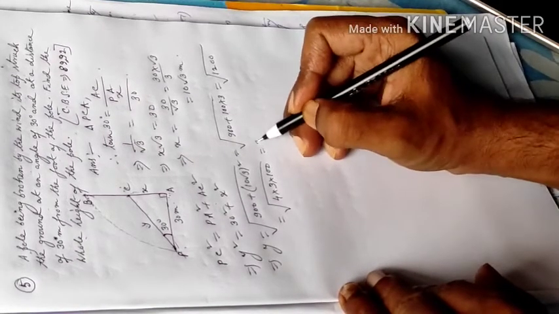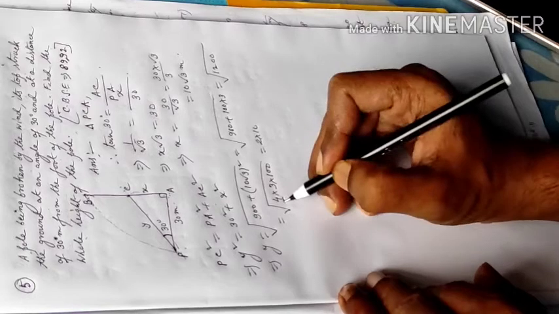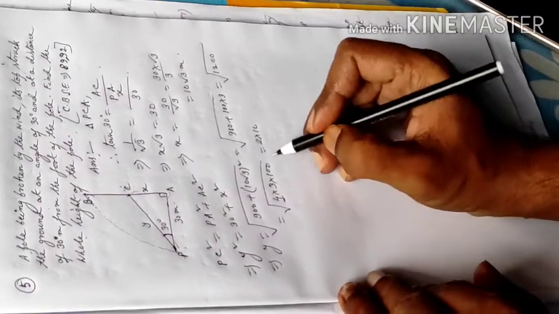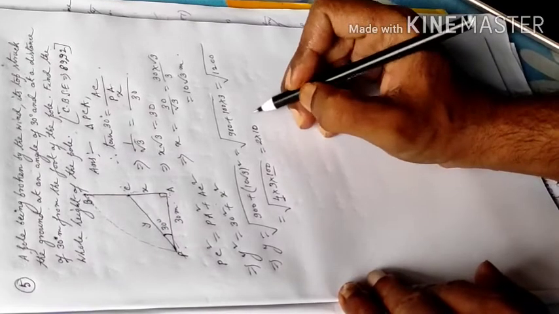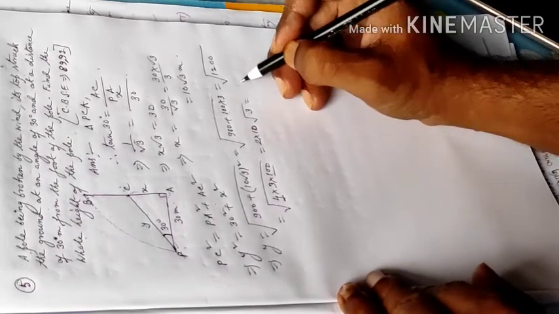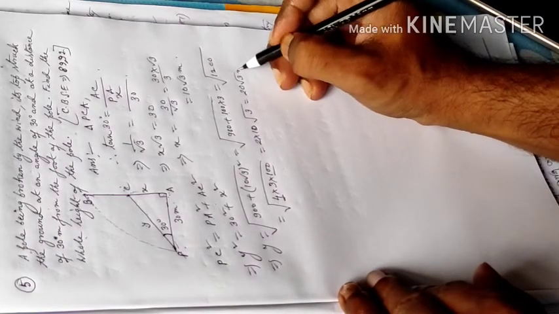When 4 comes out from the root, that is 2, and 100 comes out, that is 10, into root 3, that is 20 root 3 meter.